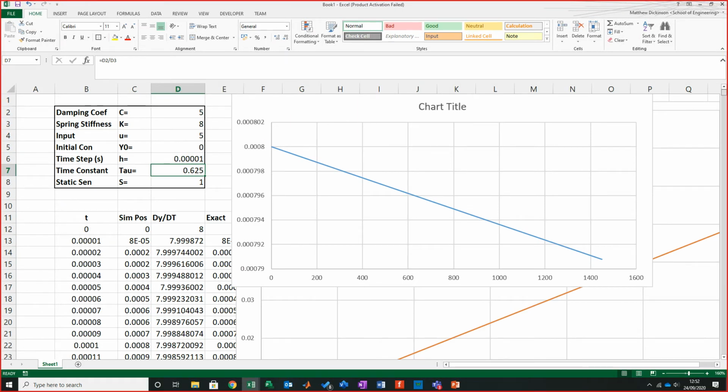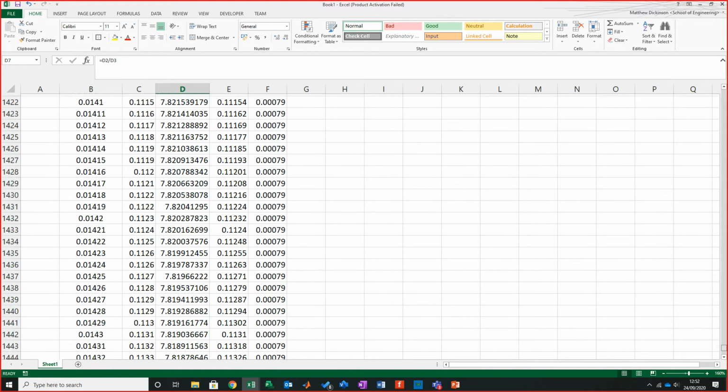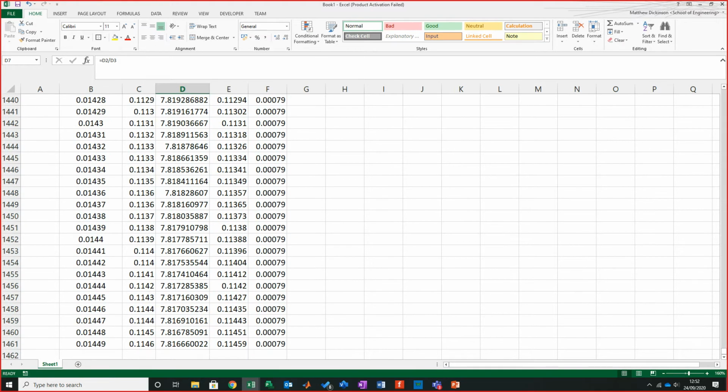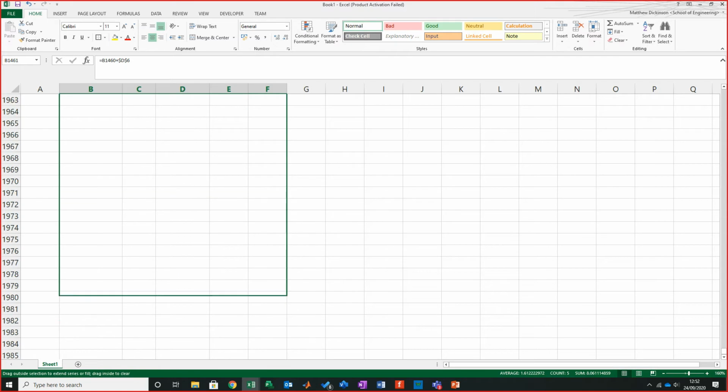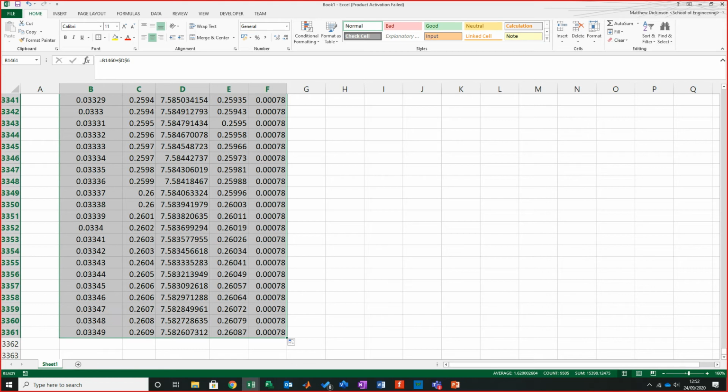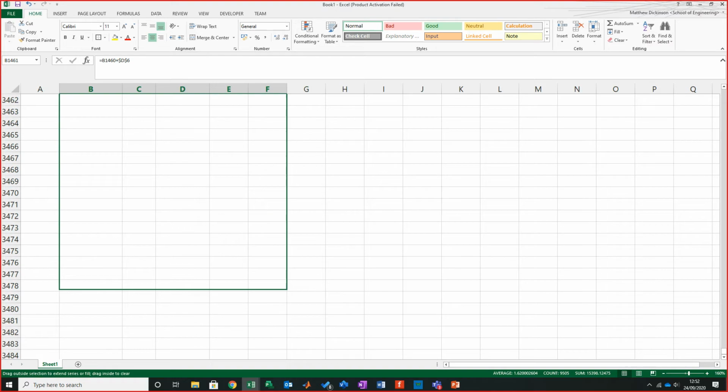It almost looks like the initial points of the system responding. At present we are at 1,461 lines. Let's go a little bit further. You look now, we are still miles off the actual solution where we need to be.